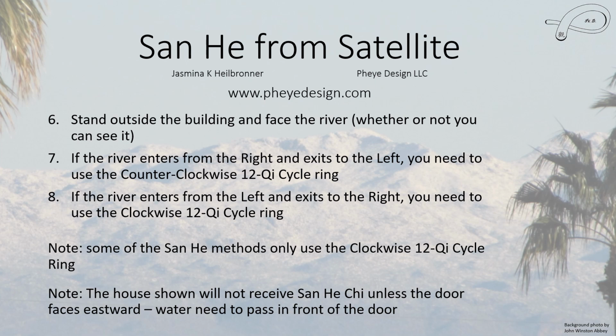That's one of the keys to knowing how to apply San He. And unfortunately, if it's not that way, you won't receive it, but you can often move your main door, and it might be worth it.